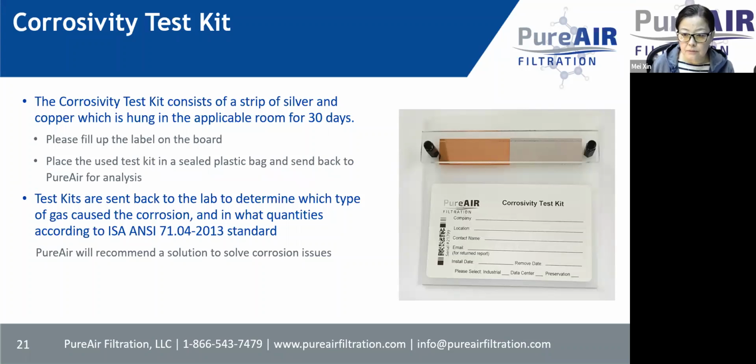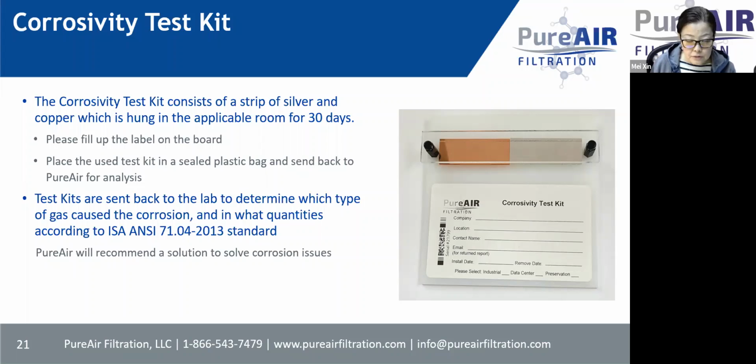This follows the 71.04 standard, and the corrosivity test kit consists of a strip of silver and copper, which is hung in the applicable room for 30 days. That is the basic guideline, but if your corrosion is very bad, maybe after a few days you will see your strip is already dark in color.